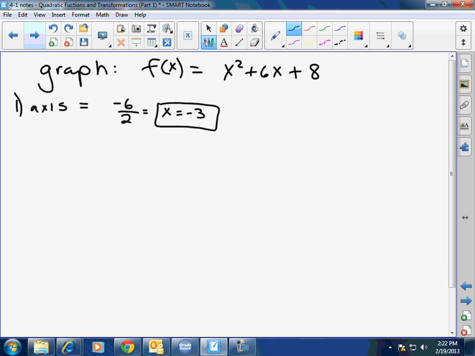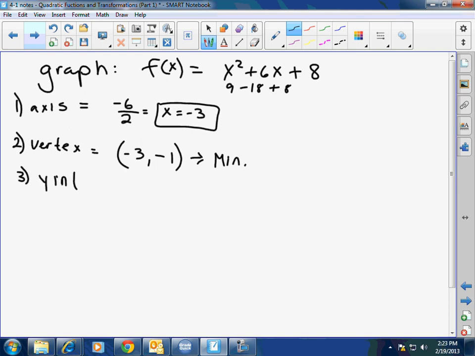You got to do that, period. 2, you got to show me your vertex. Your vertex is going to be negative 3, comma, 9 minus 18 plus 8, so that's negative 1. That's my vertex. And next to the vertex, tell me if it's a max or a min. In this case, it'd be a minimum. 3, the y-intercept.